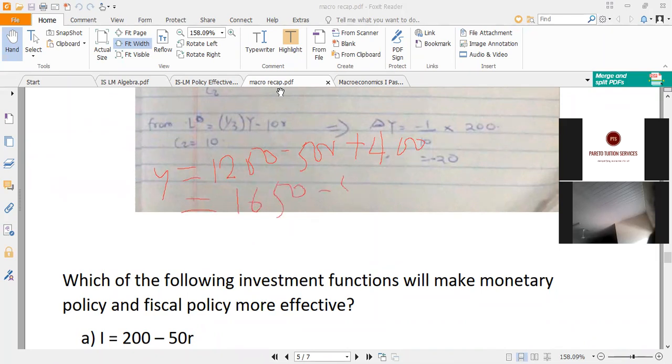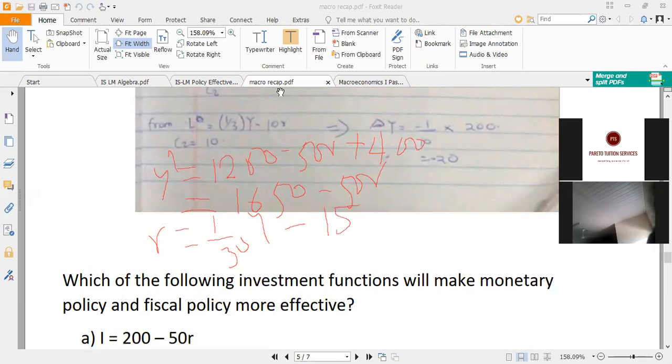1650 minus 50R. Okay, this should be your new IS curve. Let's call this Y prime. And then for your new LM curve, the initial one was R equals 1 over 30 Y minus 12, I think 12, minus 15.